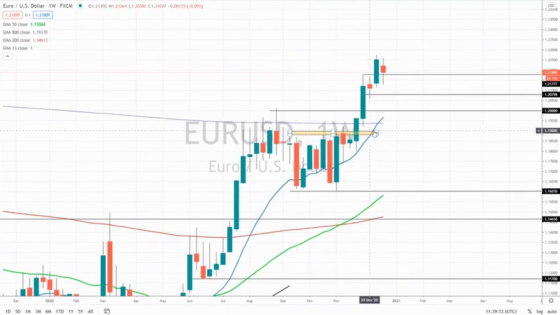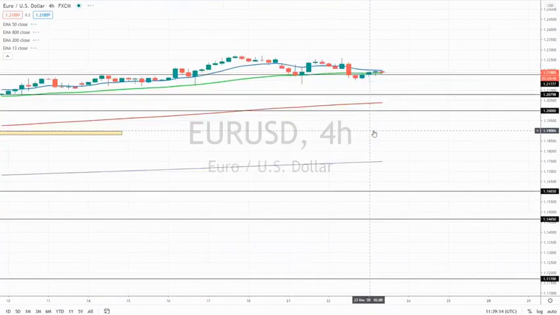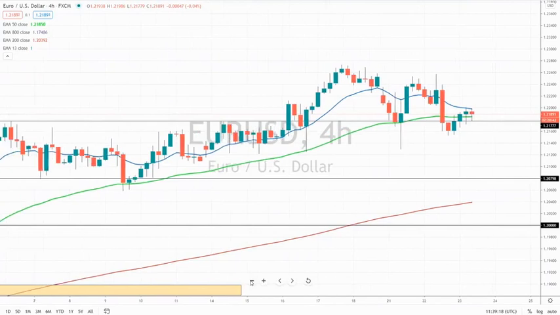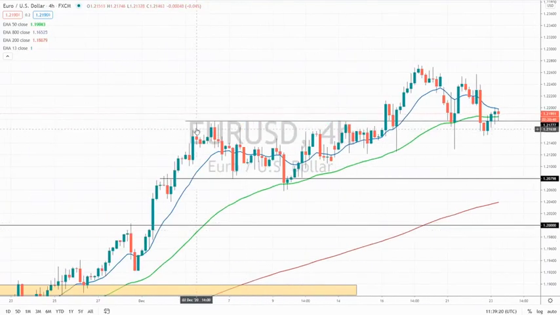Again, if we dial closer onto the present day, we can see it here at 122. Price action has rejected all across here before breaking out to the upside.